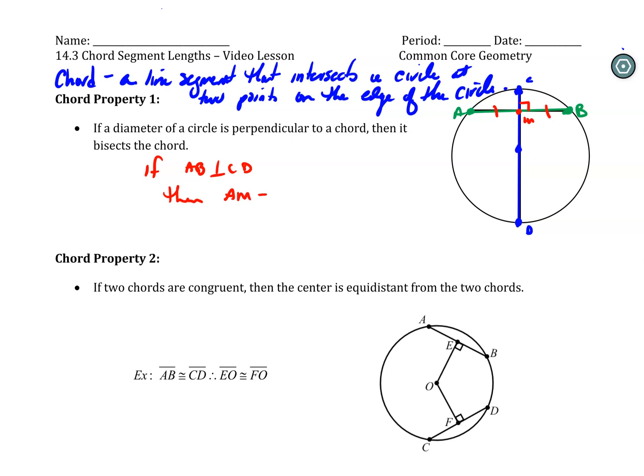So AM would be congruent to BM. All right, so that's an important little fact. It's helpful to know, but again, it's all dependent on whether this diameter and this chord are bisecting each other, and that is if it's in fact perpendicular. So that's the key part there. It has to be perpendicular.